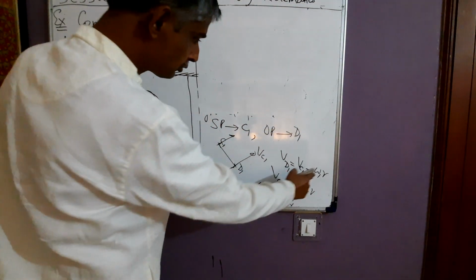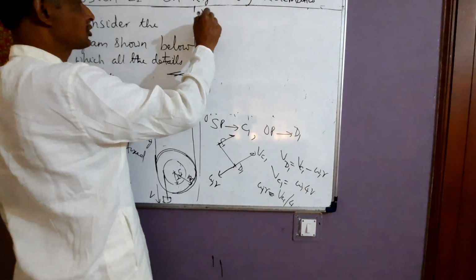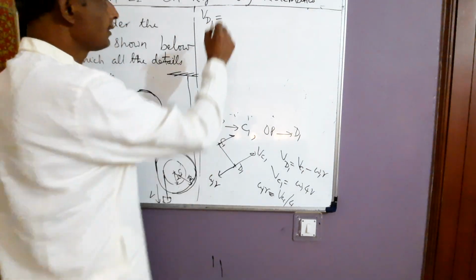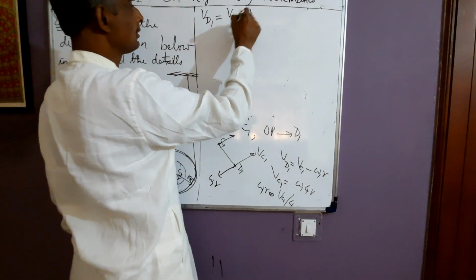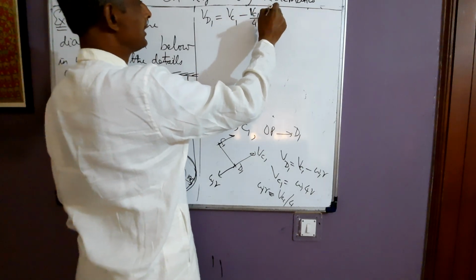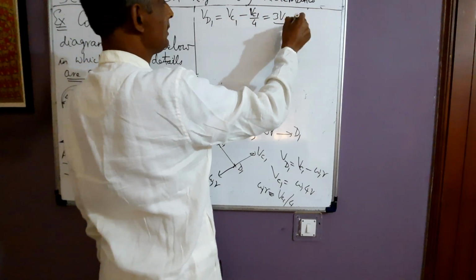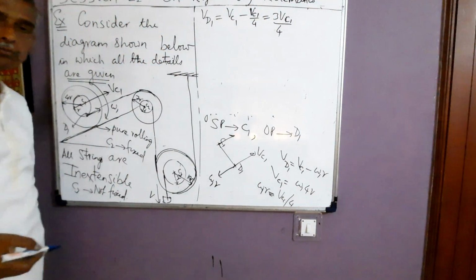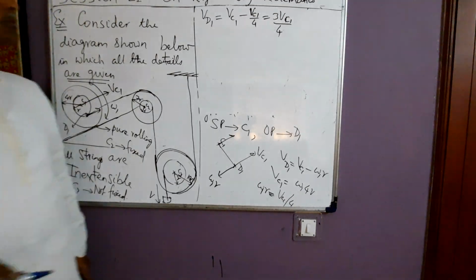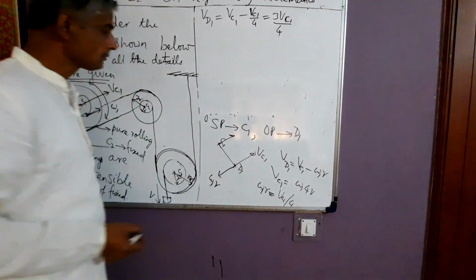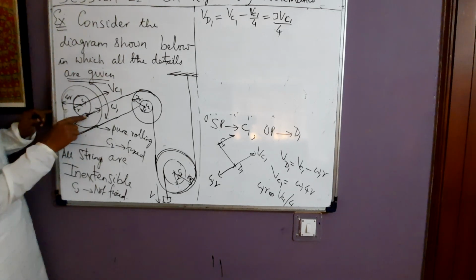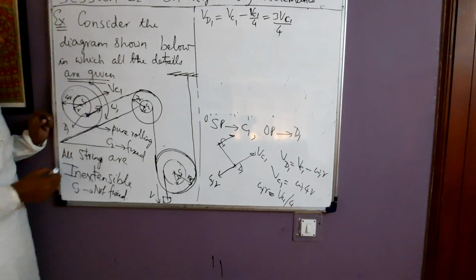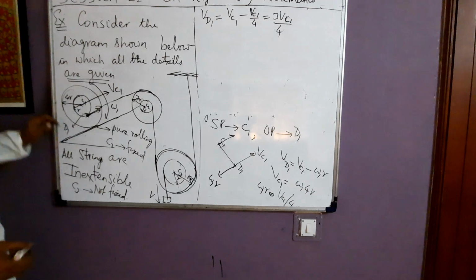Velocity of D1 should be Vc1 minus Vc1 by 4, that is just 3 Vc1 by 4. So Vd1 becomes 3Vc1 by 4. So this point of string which is in contact with D1 is moving up the incline at a speed of 3Vc1 by 4.